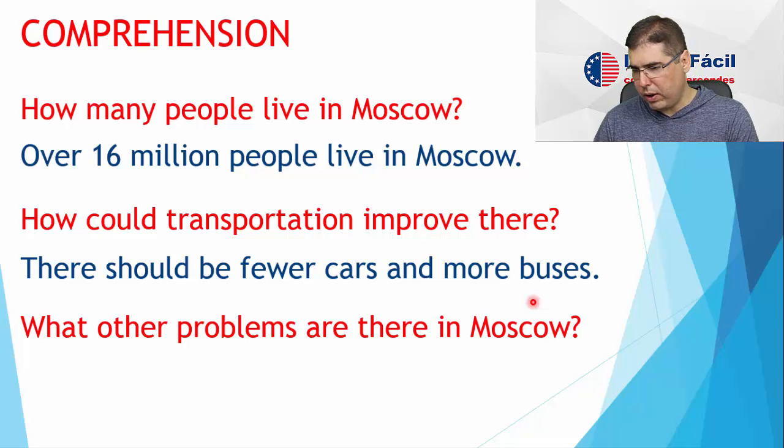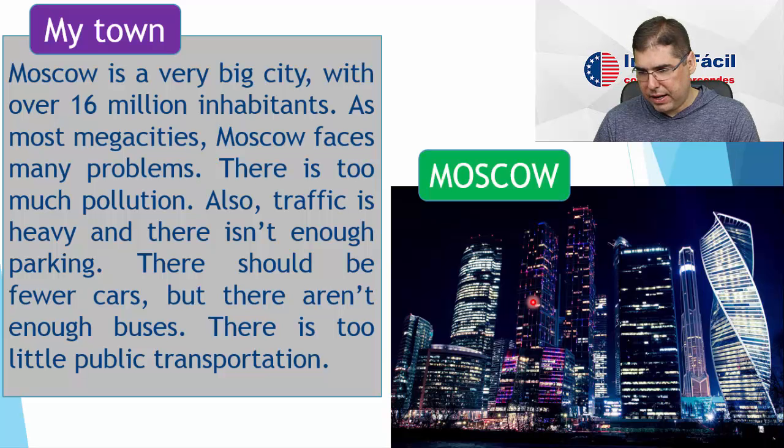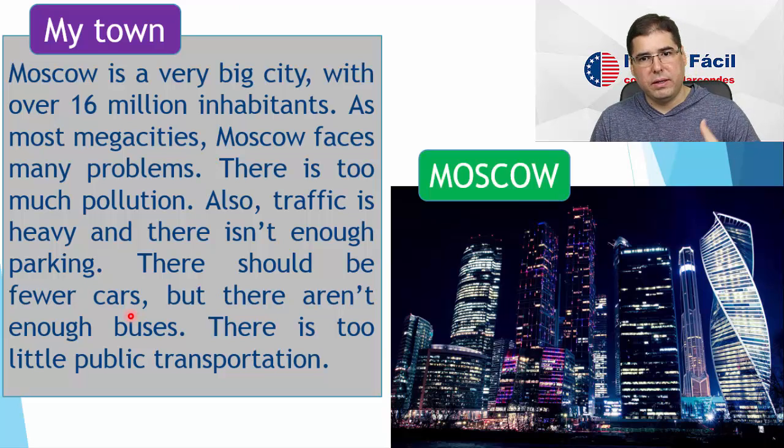Look here what the author says. He says, there should be fewer cars. This is a projection for the future, something that could improve the transportation in Moscow. But there aren't enough buses. So also there should be more buses. You see that we always have two ways of saying the same sentence.